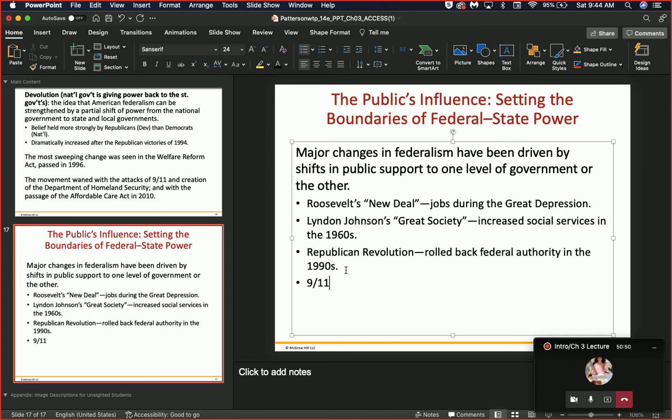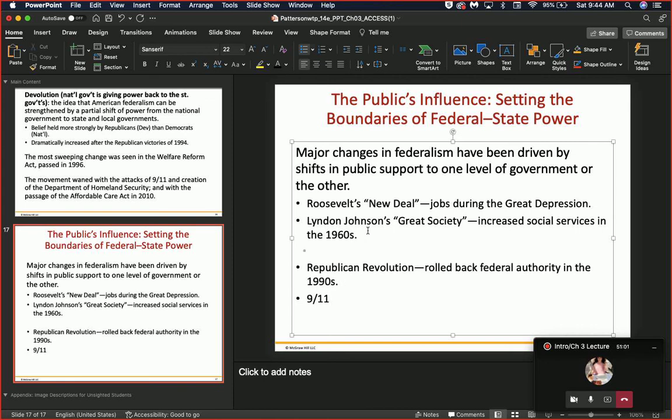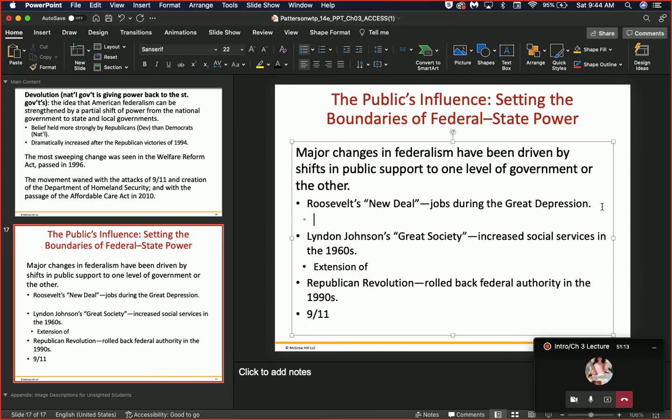Roosevelt's New Deal, that was passage of nationalization. Okay, giving the government more power to handle that issue of the Great Depression. Lyndon Johnson's Great Society, this was an extension of the New Deal. Okay, this is what created those social programs. This New Deal set the stage for things like Social Security that were created during this time.